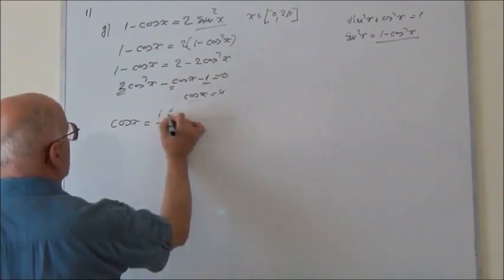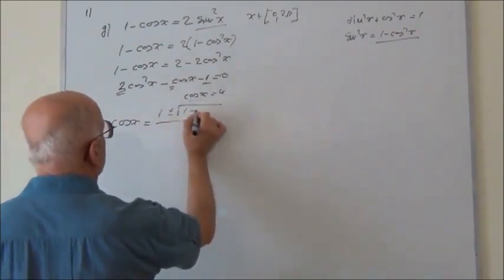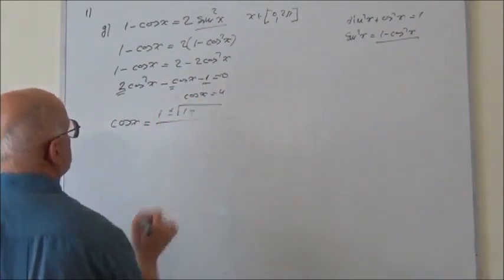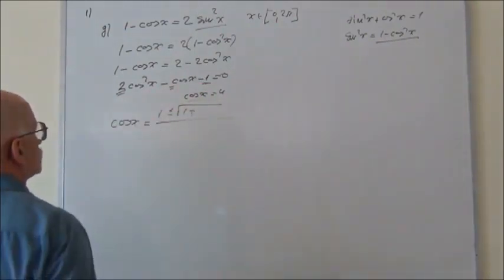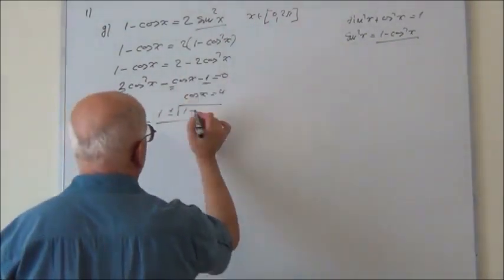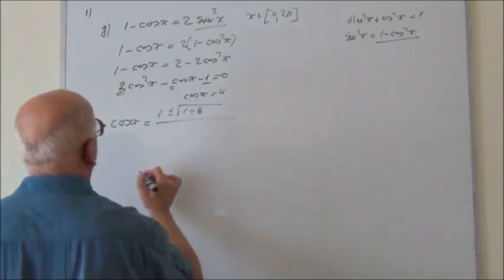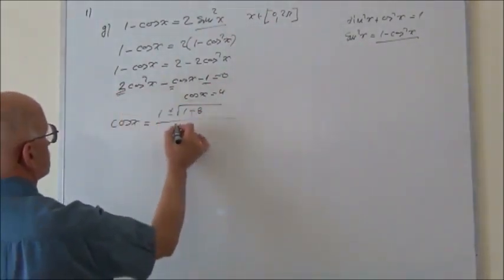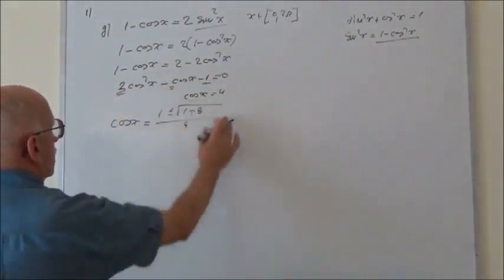So here will be 1 plus square root 1 minus, but because of this minus will be plus, 4 times 2, 8 times 1 is 8, divided by 2a, so divided by 4.